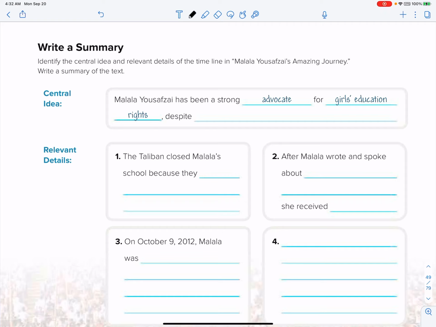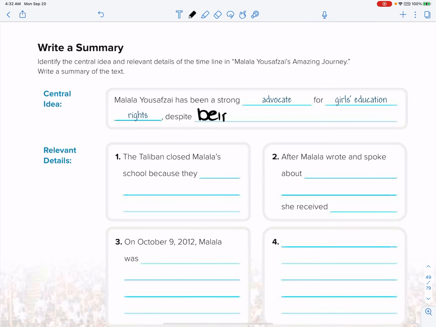So Malala Yousafzai has been a strong advocate for girls' education rights despite what happened to her. She was attacked or shot. Despite being shot for her opinion or speaking out. However you want to write that.